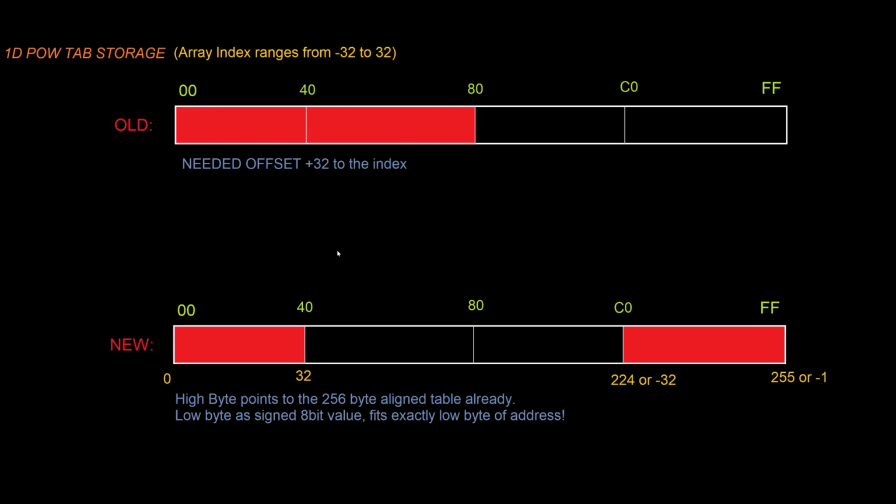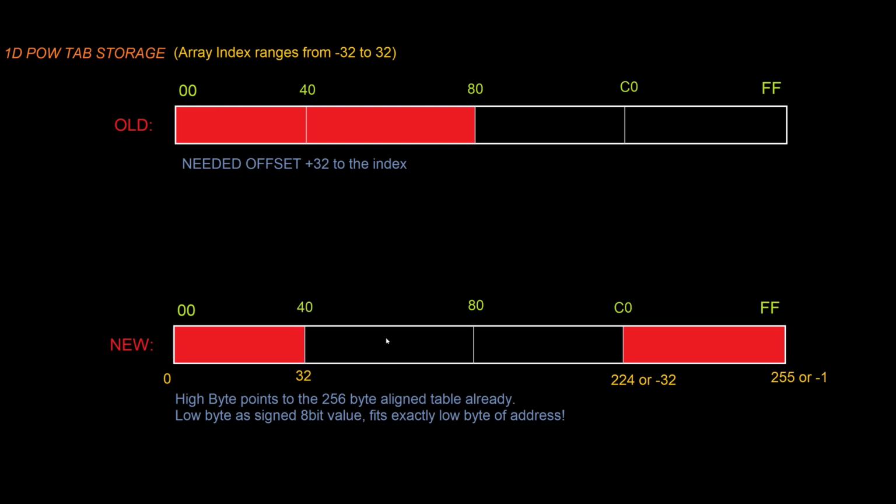So I thought, why not do a trick and store the values again in a 256 byte aligned area, but the negative values will come from the other side. So here is 224, hexadecimal E0, but as signed 8-bit it would be minus 32. It goes to 255, FF, minus 1, and then it wraps around from the positive, from 0 to 32. Actually, it's 31, till 3F.